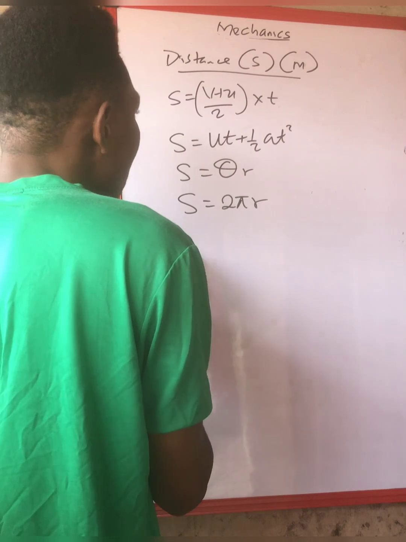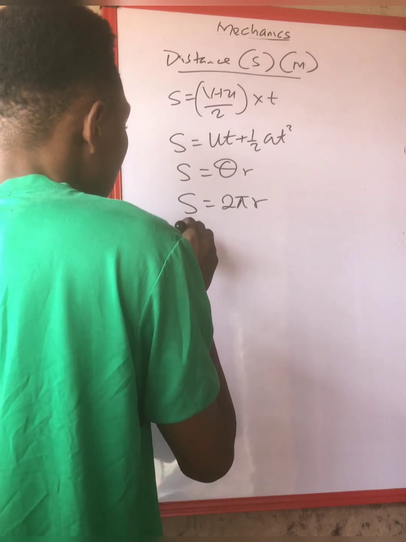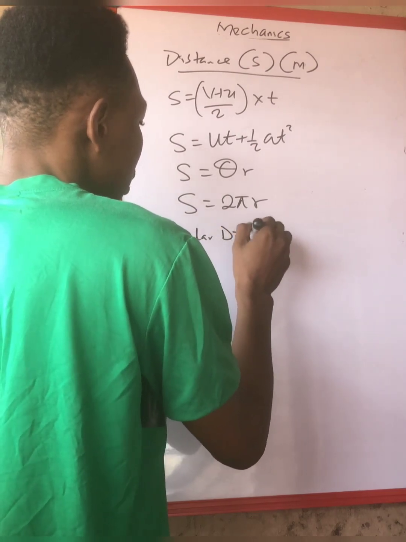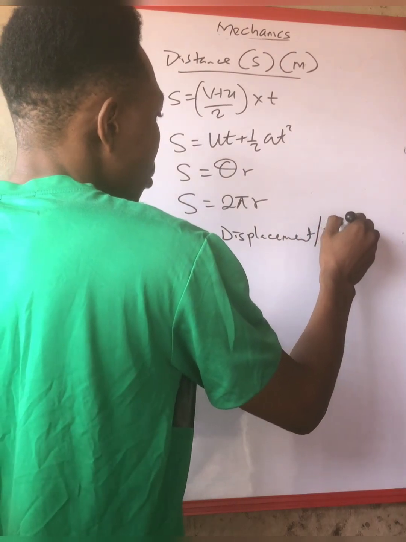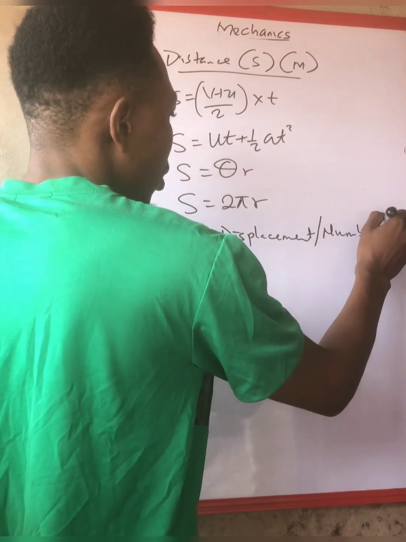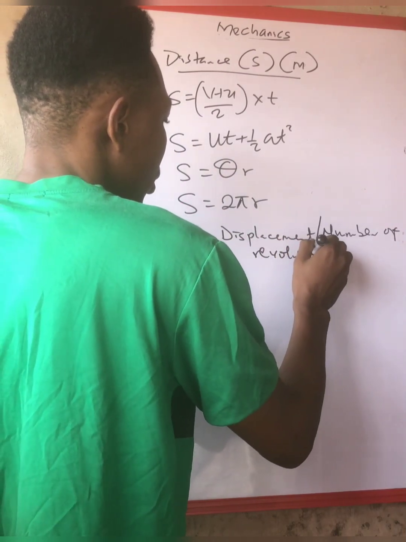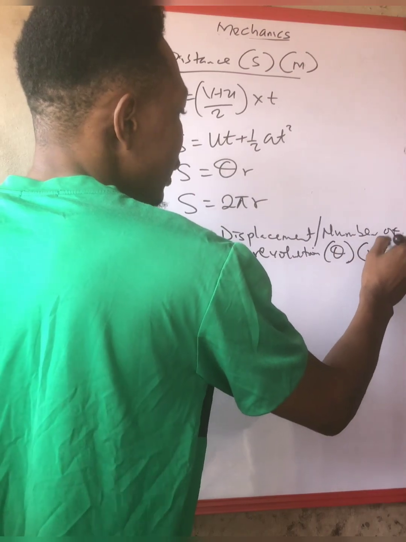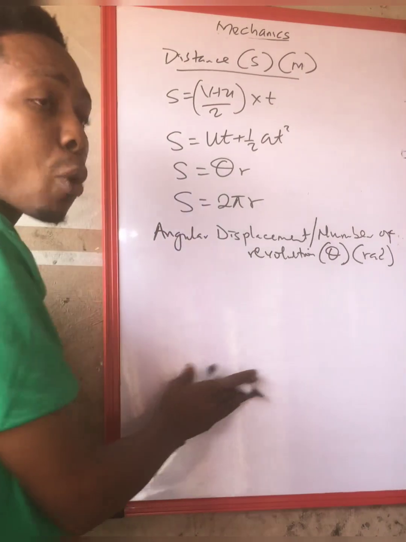We also have the formula for displacement or number of revolutions. Now the symbol is theta and the SI unit is radian, the short form being rad.